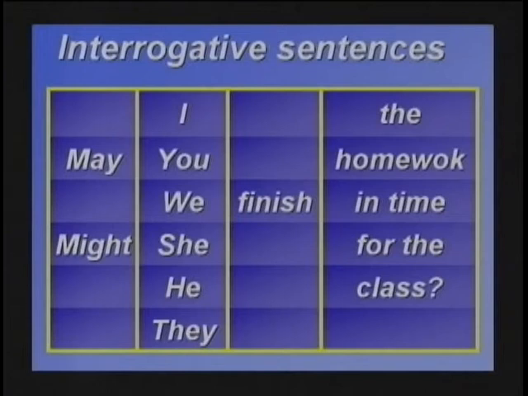Después tenemos el verbo de acción, el que nos está indicando la acción concreta que se está desarrollando. Y en este caso es finish. Y por último, los complementos. Aquí tenemos the homework in time for the class.